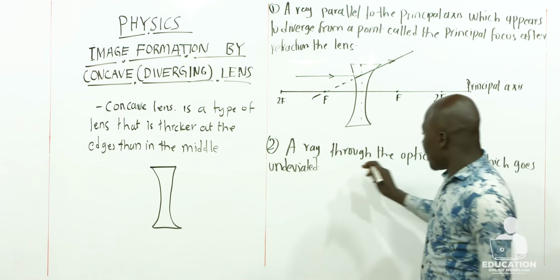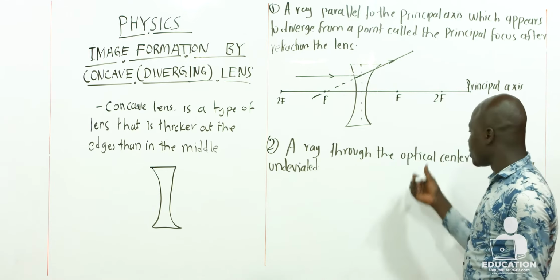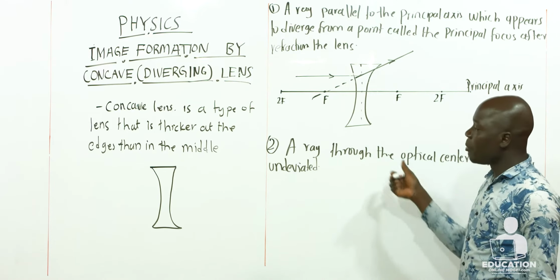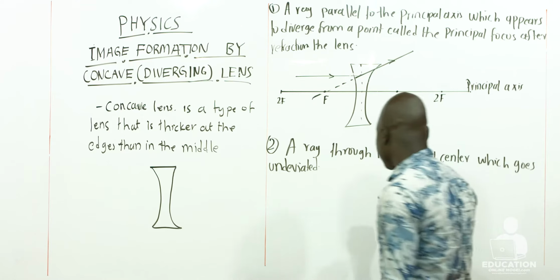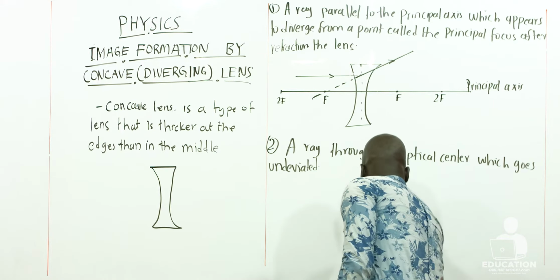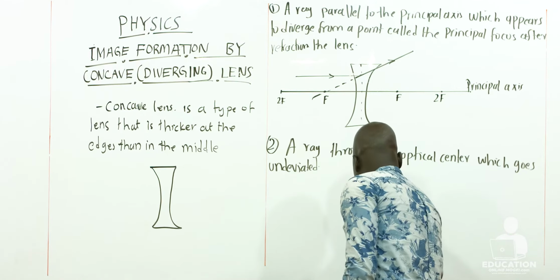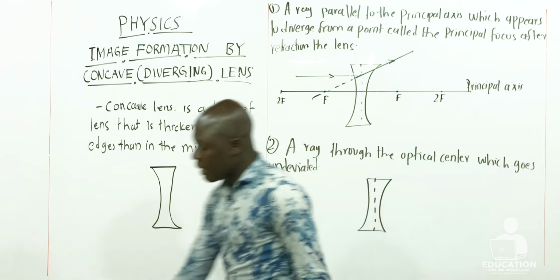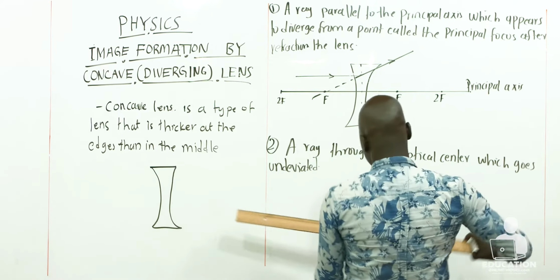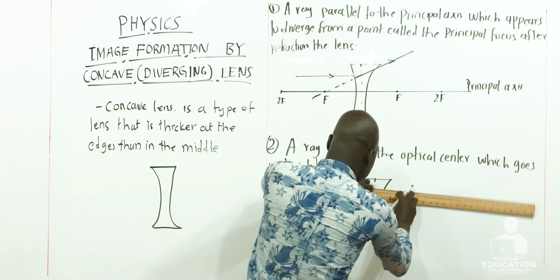So now, how does this ray appear? A ray which is through the optical center. We said the optical center is a point between the poles of the lens. If this is our concave lens, then a line through the optical center is called the principal axis of the lens.